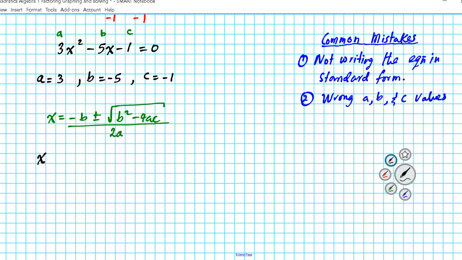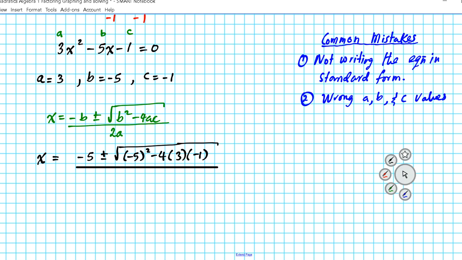So x equals, and in my substitution here, I'm going to make a small mistake, and then I'm going to talk about it, and then we're going to fix it. So we have -b plus or minus the square root of b squared minus 4, a is 3, c is -1, all over 2a. So all this is divided by 2a.